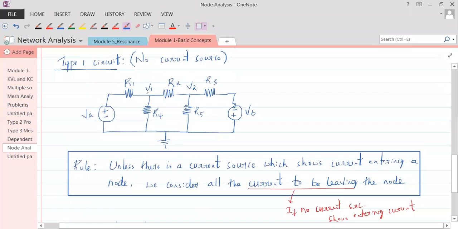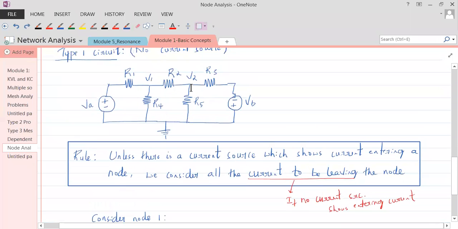How does it look if I take that separately? I've got this, and this is ground.